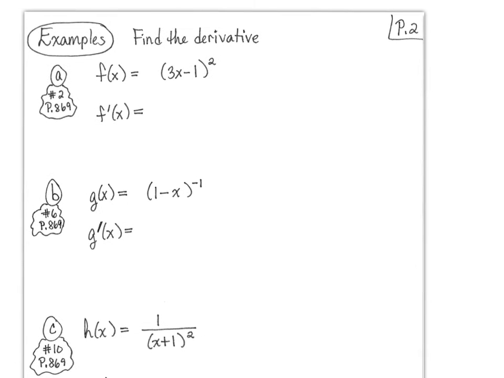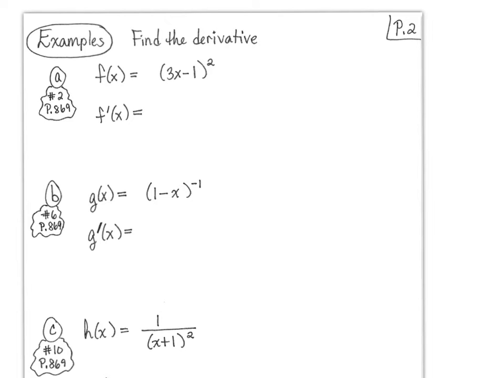Our goal is to find the derivative, okay? So remember, let's just recall our rule. Does it help to write that up there so you can see it? Or you want to just refer back? Yes?